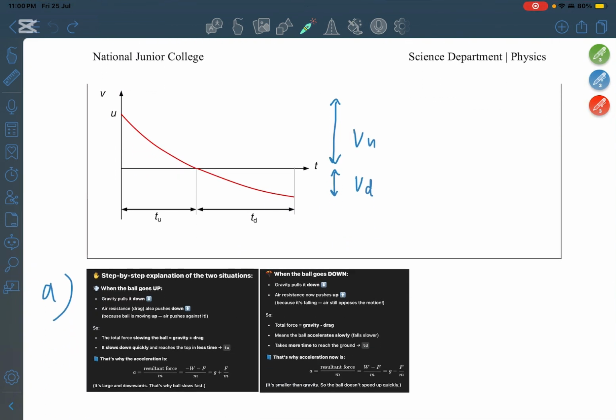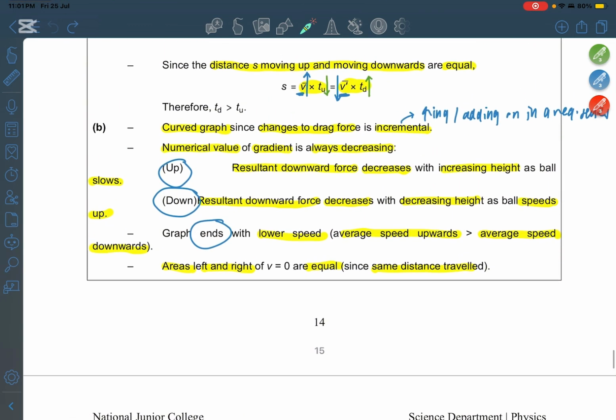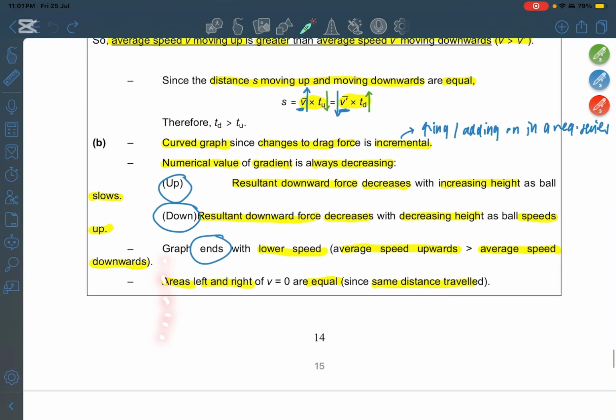Because you see here, it's going to decelerate, like it's going to be really fast as it's launched, but decrease a bit as it reaches the top. Get what I mean?